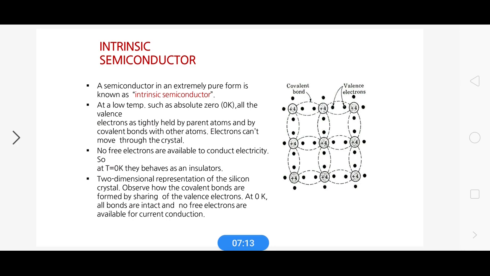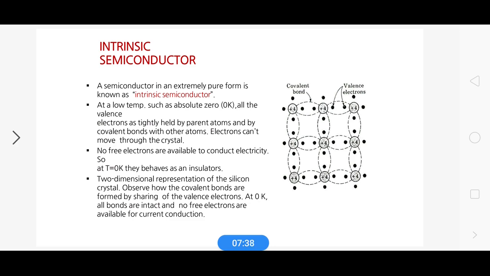There is no free electron in the semiconductor at 0 Kelvin, so the intrinsic semiconductor behaves like a perfect insulator at 0 Kelvin.